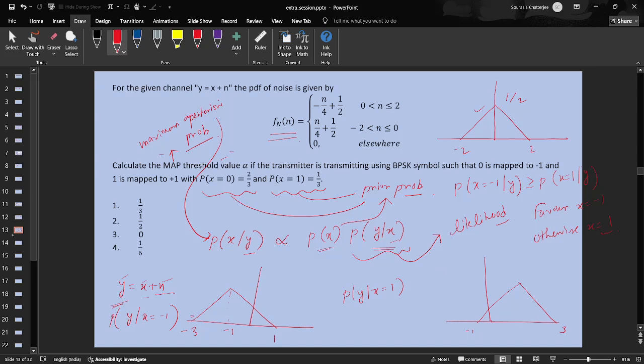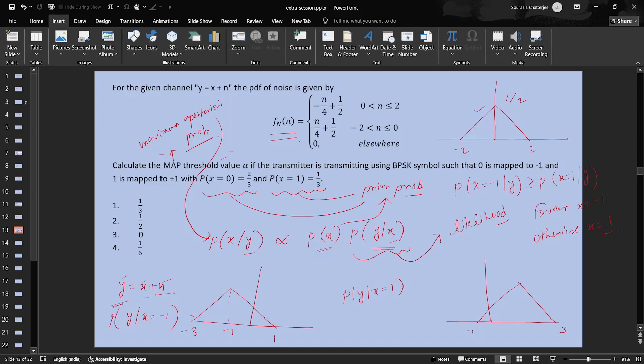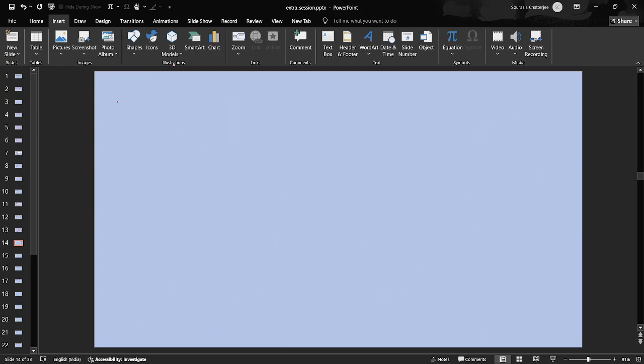So what we need to calculate is whether p of x as -1, that is the prior, times p of y given x as -1, the likelihood, is greater than p of x as 1 times p of y given x as 1.